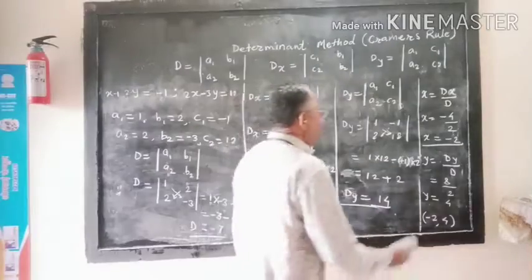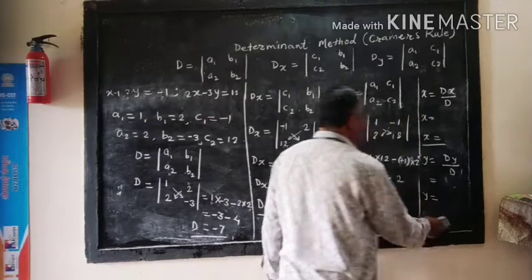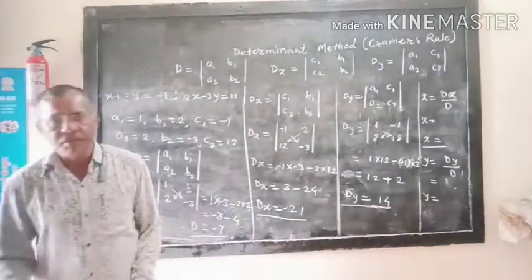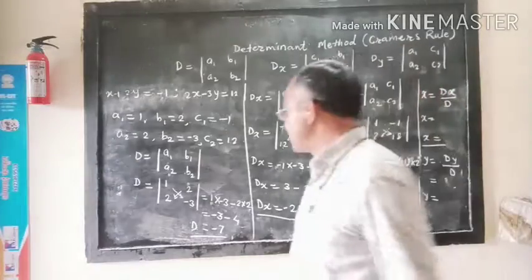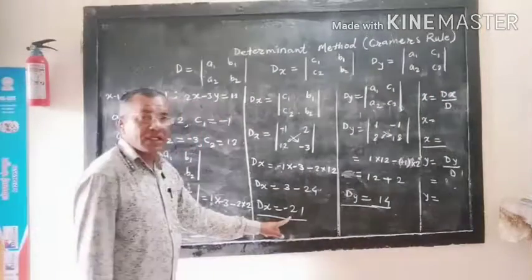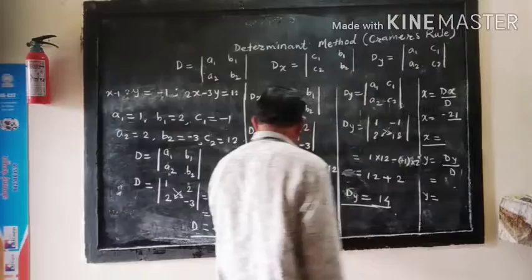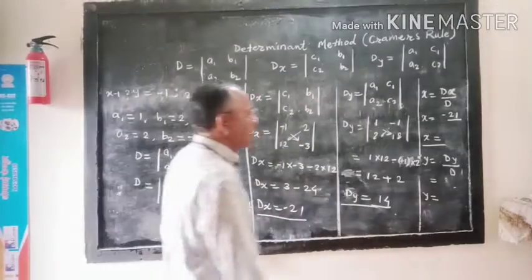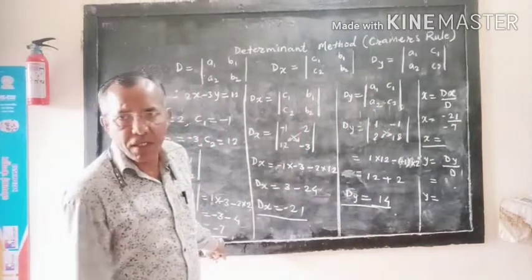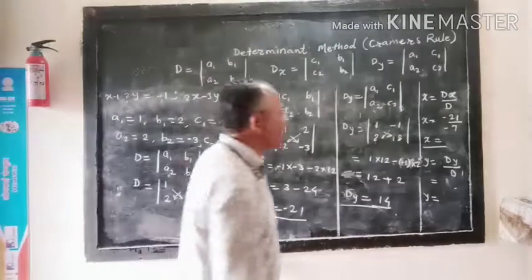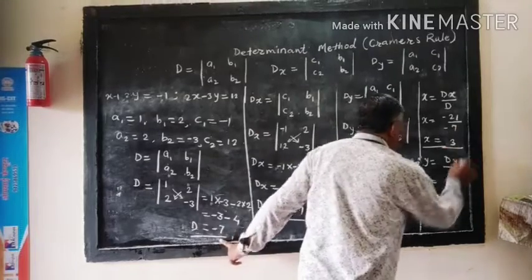Now we will find the values of x and y, and the last answer we will write last. See here, x is equal to D of x by D. D of x is minus 21, so I will write minus 21 divided by D, which is minus 7. This minus gets cancelled, becomes plus, and 7 3s are 21, so x is 3.